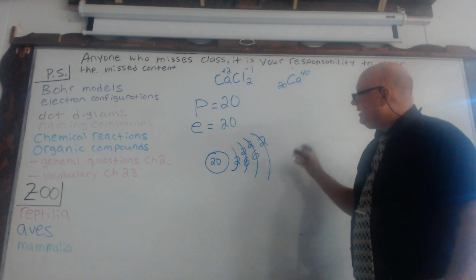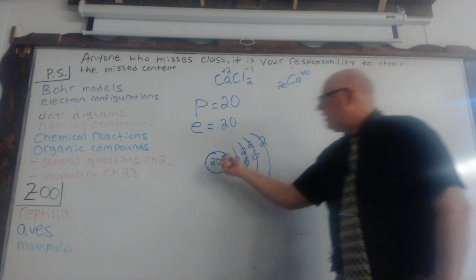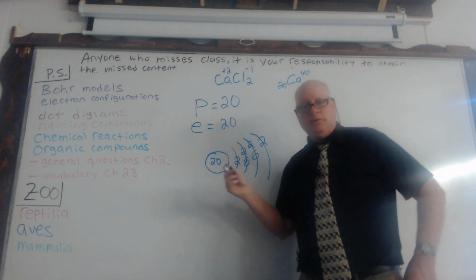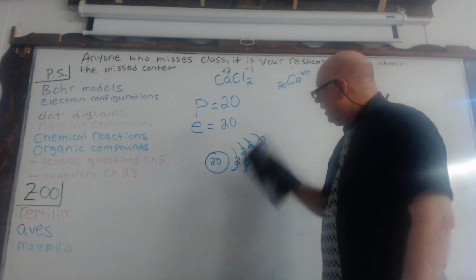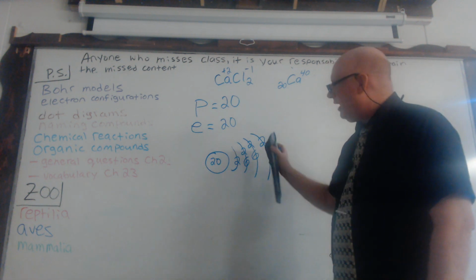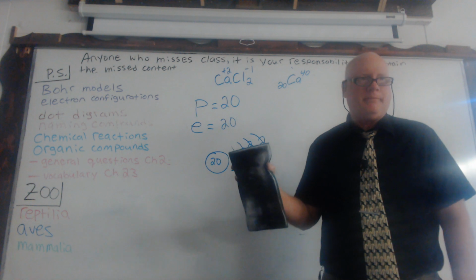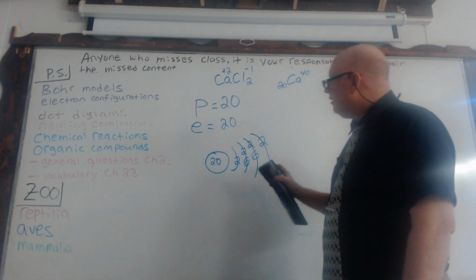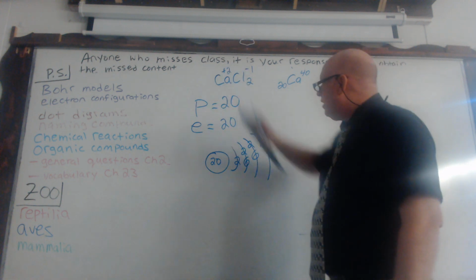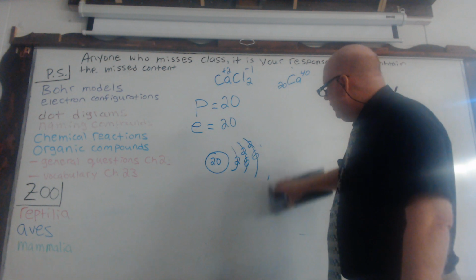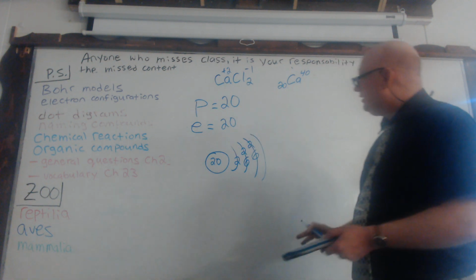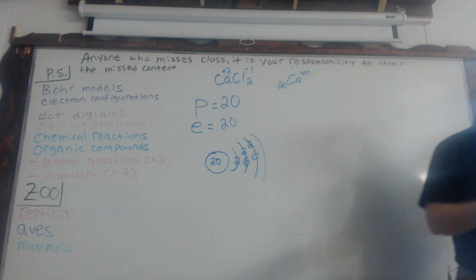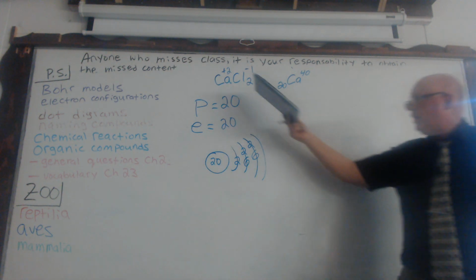So what this means then, how many positive charges are inside that nucleus? Okay? And how many negative charges are on the outside of this nucleus right now? Okay? So for us to get a charge of +2, that must mean that those 2 electrons, it's not that they disappeared, but they were given away to the chloride ion.